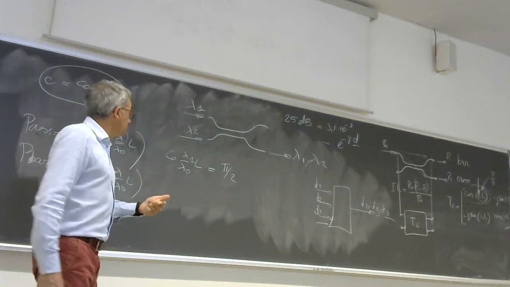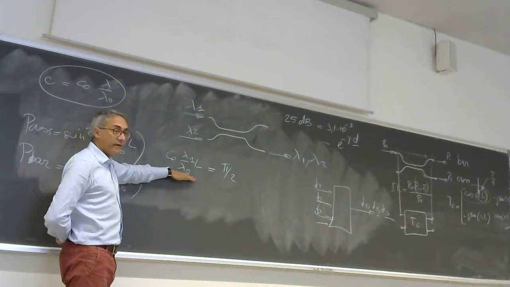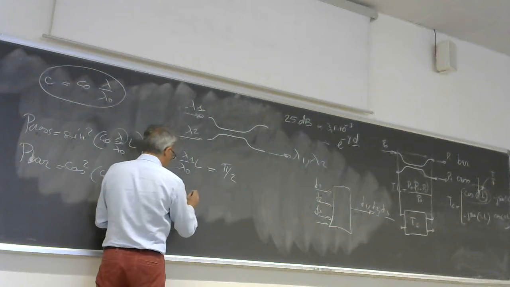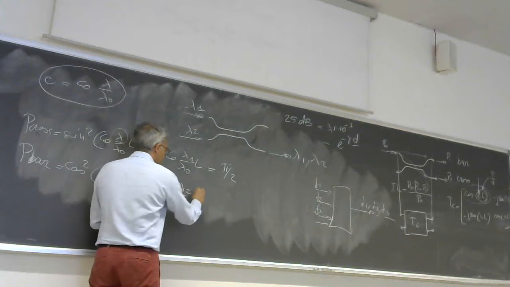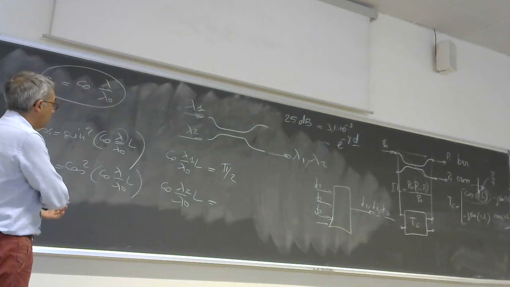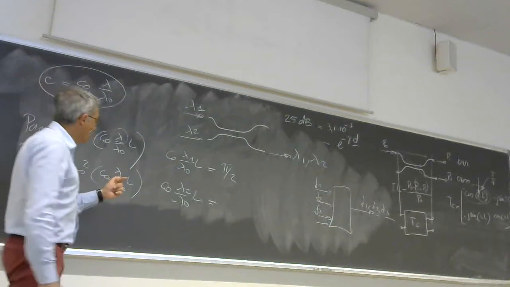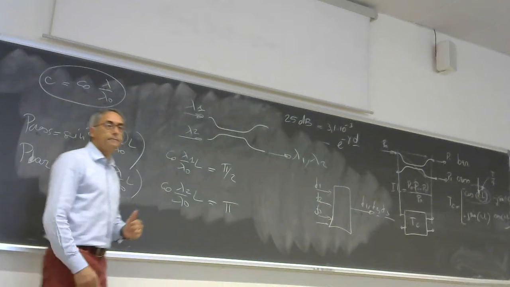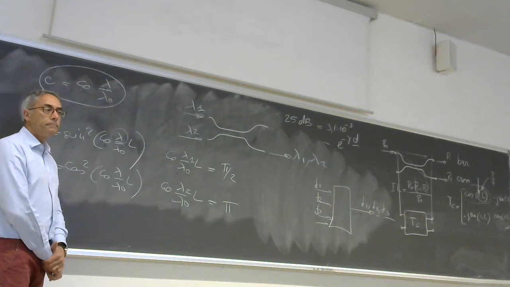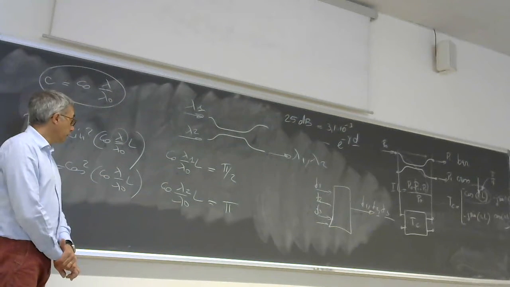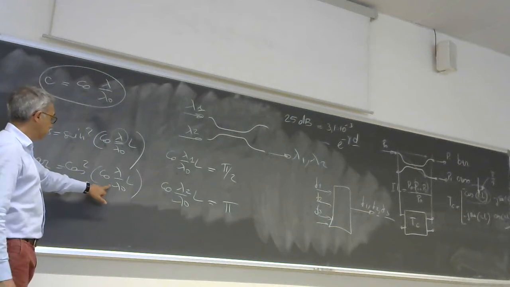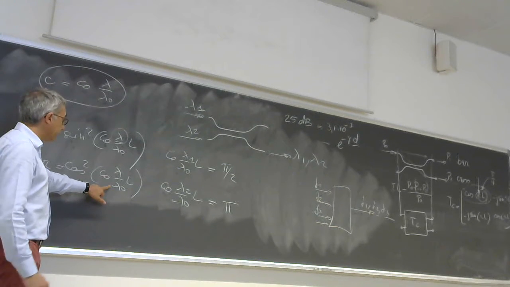Now, the second condition. You are not happy only with this, but you want also that this at lambda 2 is equal to what? We want it in bar, so we want this equal to pi. With this condition, P bar is equal to 1 at lambda 2.